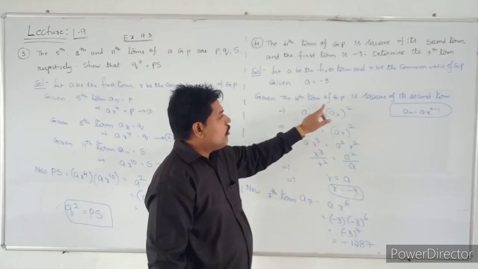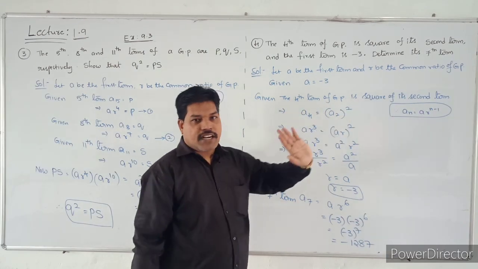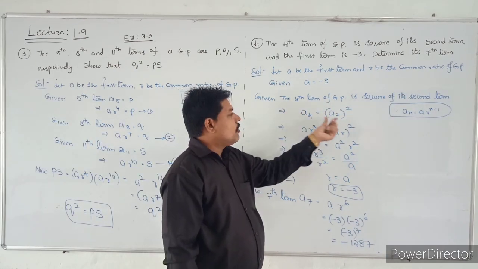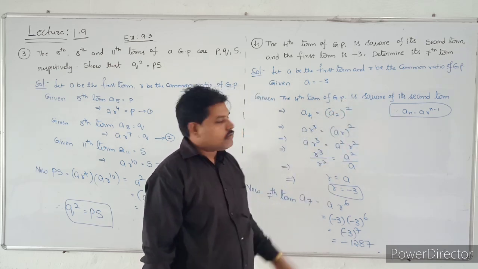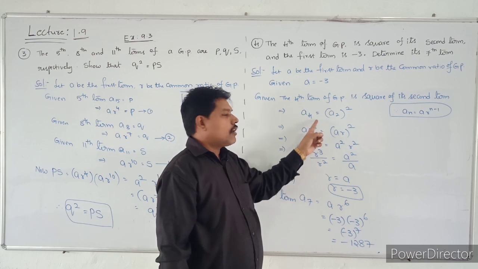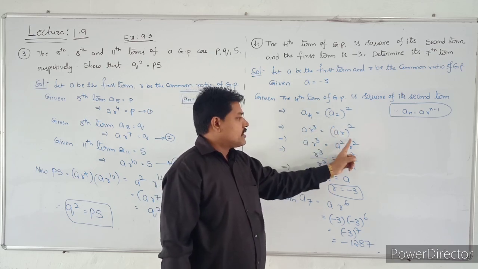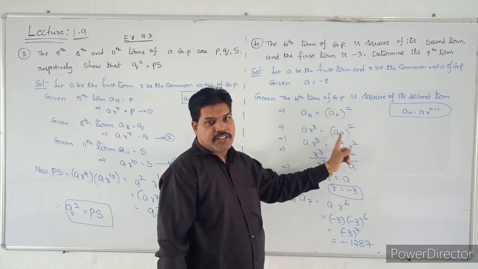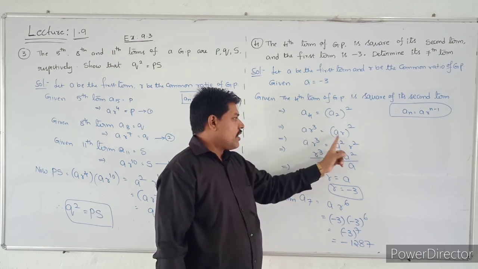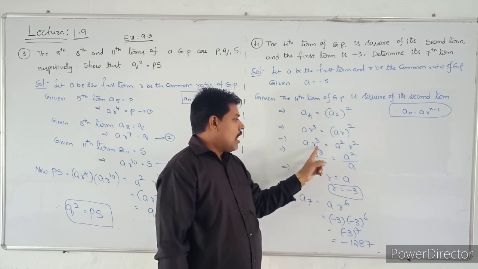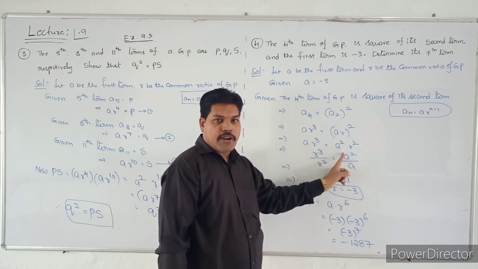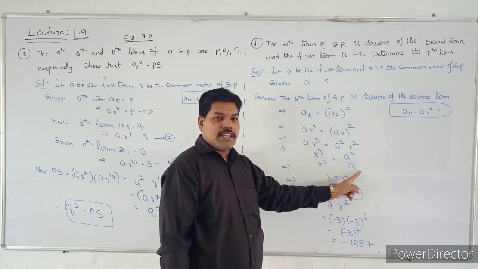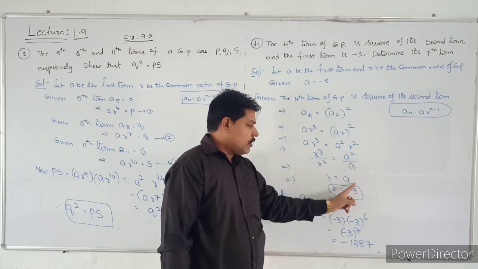Given the fourth term of a GP is the square of its second term, meaning A4 is equal to A2 whole square. Already we know that AN is equal to A into R power n minus 1. A4 can be written as AR cube and A2 can be written as AR, the second term is AR, so just take the square, A square R square. So R cube by R square, and A square, take the denominator A, that will become A square by A. Just cancel, R is equal to A.